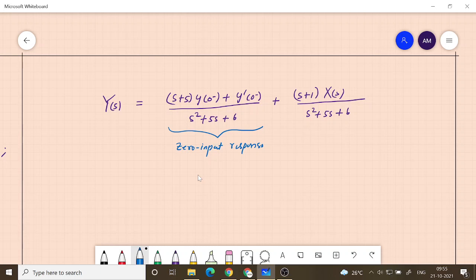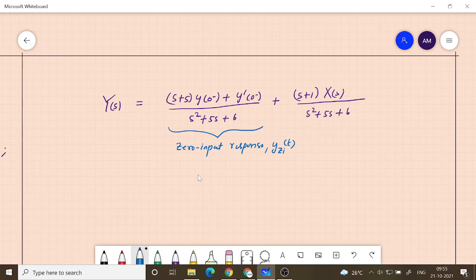It will have a response provided it has non-zero initial conditions, such as y of 0 minus is non-zero, y dash of 0 minus is non-zero. Any of these is non-zero, then we can have a response, and that response in the absence of any input is called zero input response, and often it is denoted like y of zi of t.